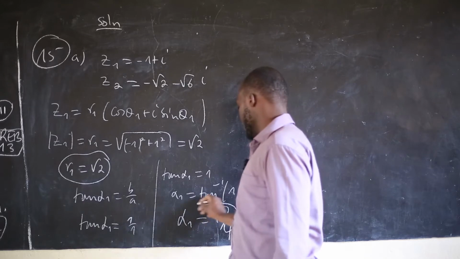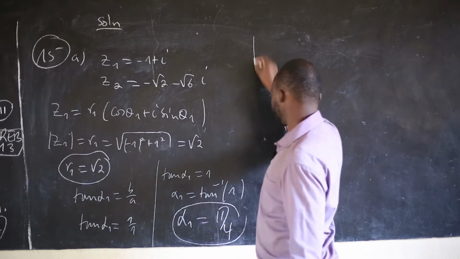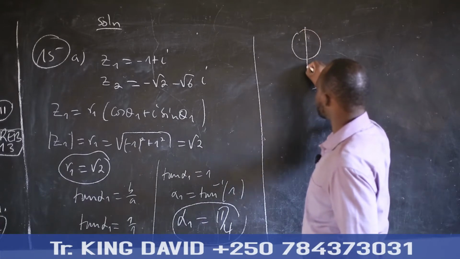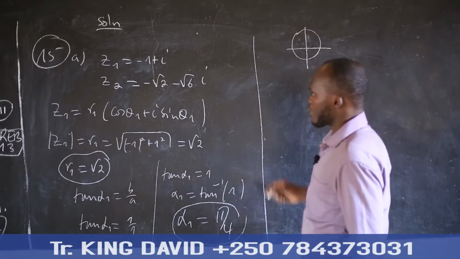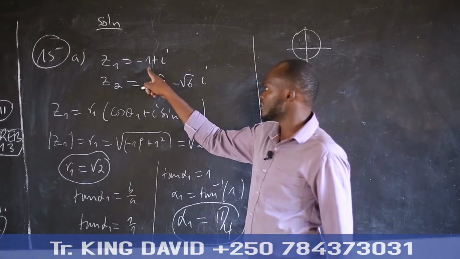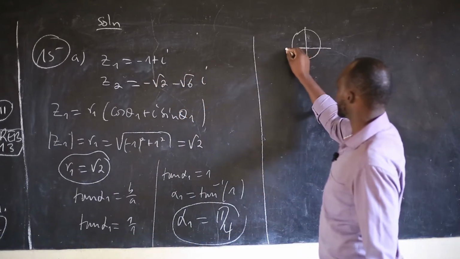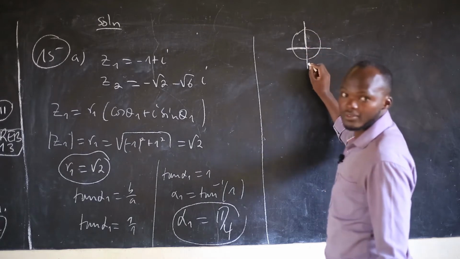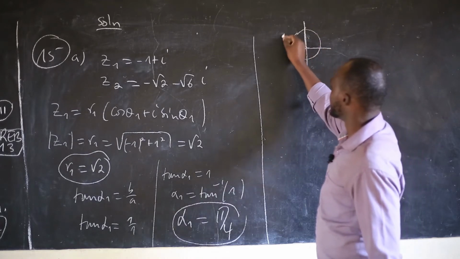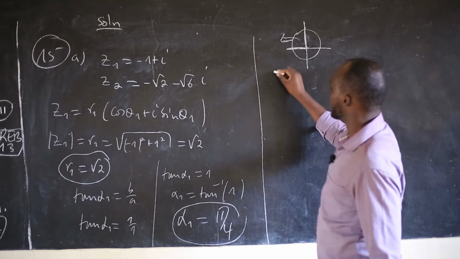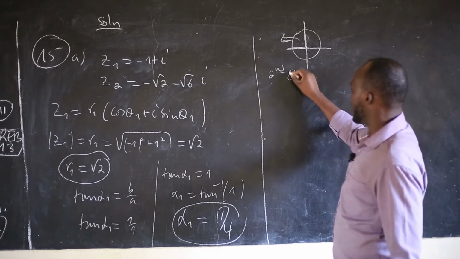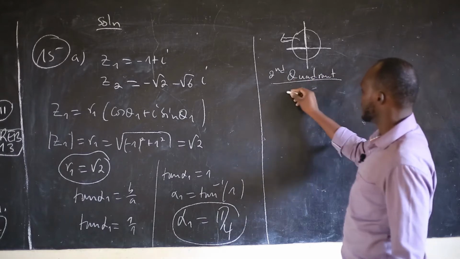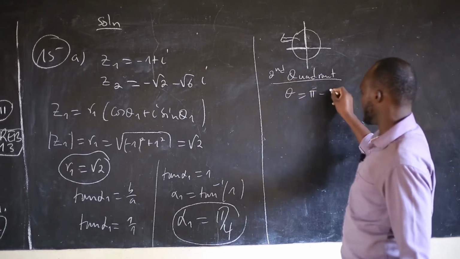So we're going to check the location of this complex number. We use the trigonometric circle. Now our a is negative, which is on the negative x-axis, and our b is positive, which is on the positive y-axis. So it will be in the second quadrant. You know that in the second quadrant our angle equals pi minus alpha.